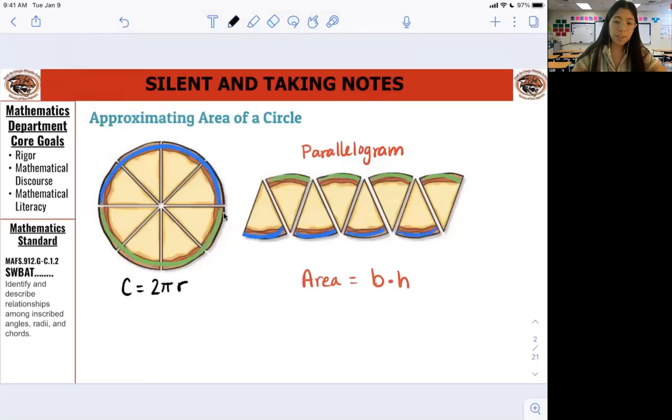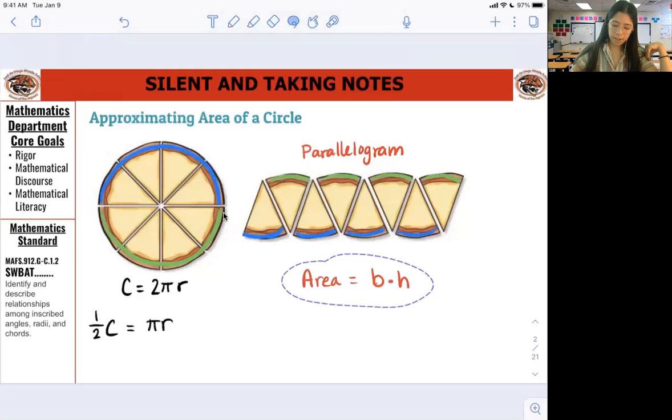So the circumference of the whole circle is 2 pi r, but half of the circumference would just be pi r, because I would just have to divide it by 2. Does anyone have any questions on that idea? So 2 pi r is the whole circle, just pi r is half of the circle.